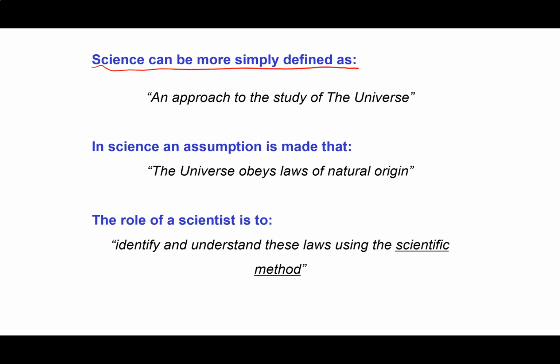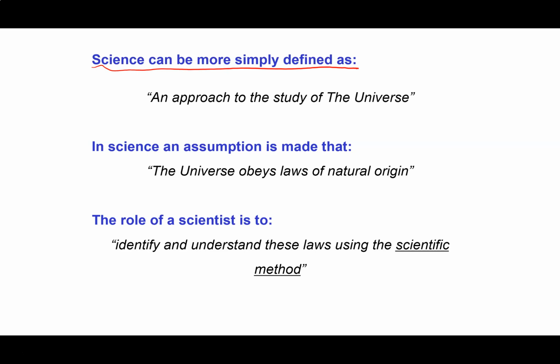And it's probably important to recognize that there are other ways of studying the universe: philosophy, mathematics, and then there are ways that traditional societies studied the universe that might not be defined as science, or might not have all of the elements of what we think of as modern science.